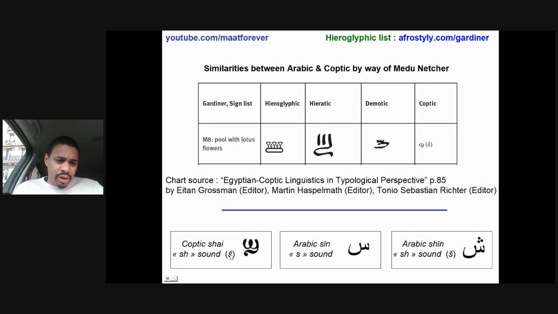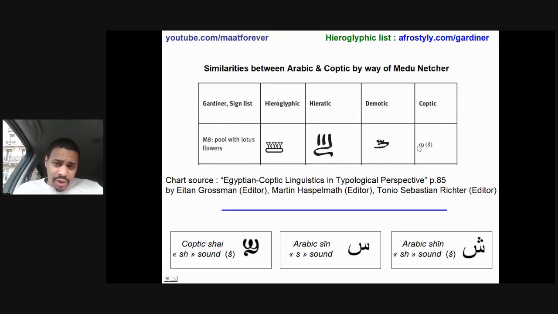And this symbol here, the S with that little thing on top of it, is the symbol used for the transliteration of the sh sound. And by the way, for the record, this Medu Netcher glyph here is the sha sound. So we have the sh, okay?